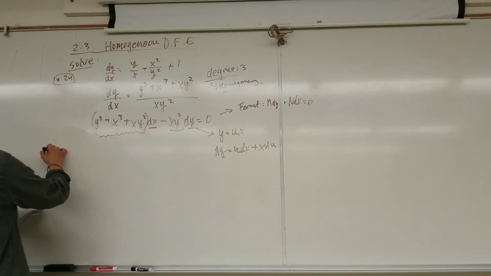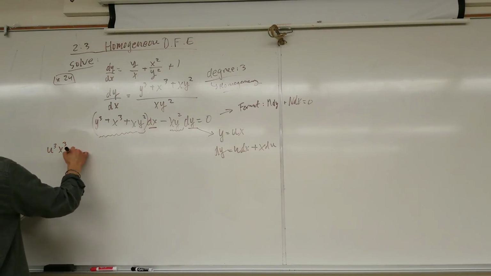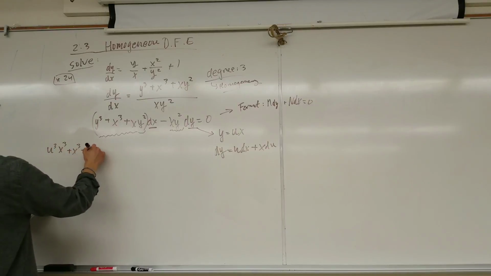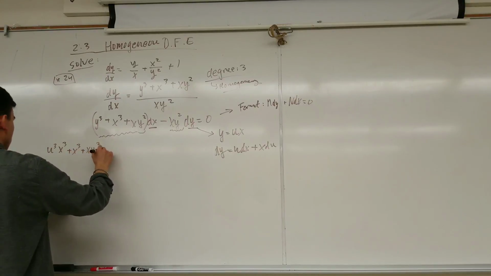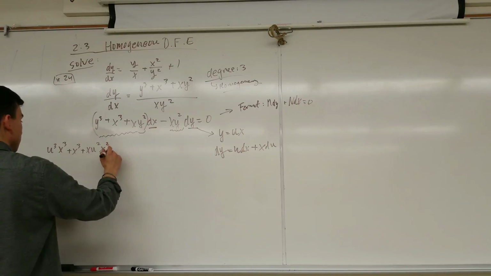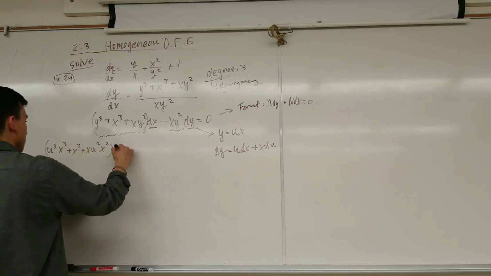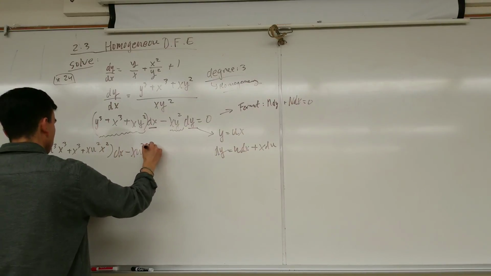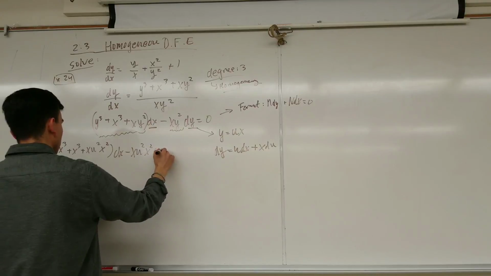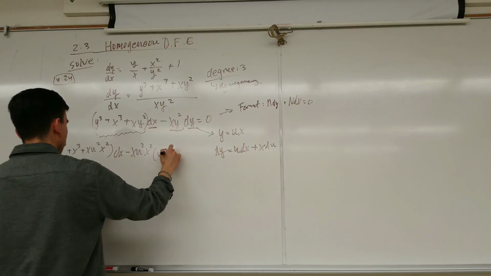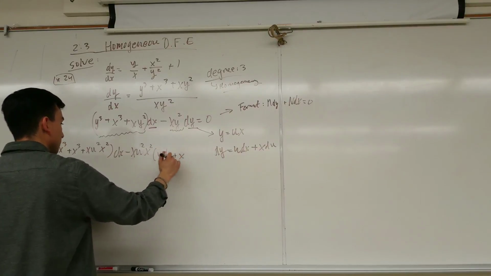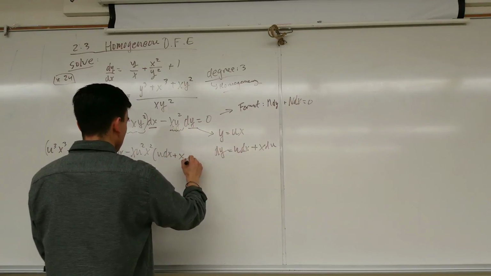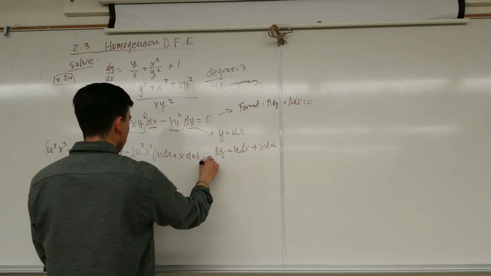Well, xu squared times x squared dx minus xu squared x squared u dx plus x du is equal to 0.